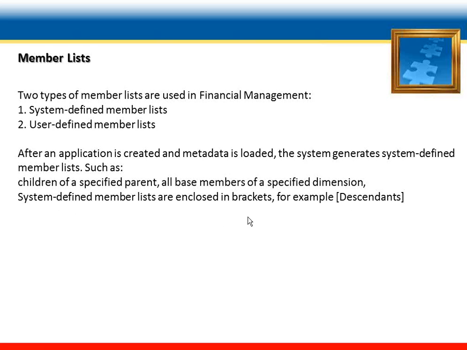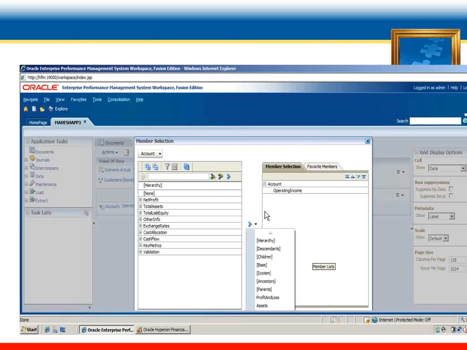So how can we see that? Okay, let's take this slide as an example. While selecting the members in a grid, let's see here. There are system defined lists like hierarchy, descendants, children, base, system, ancestor.